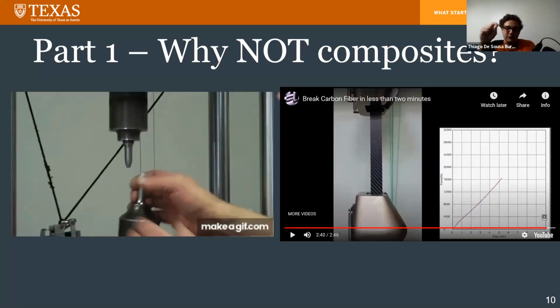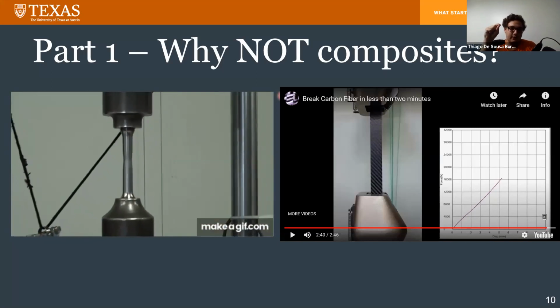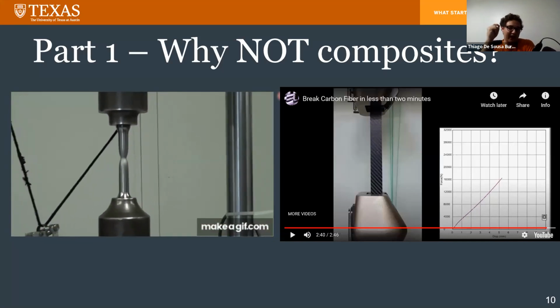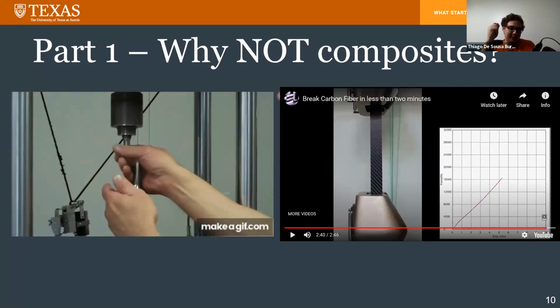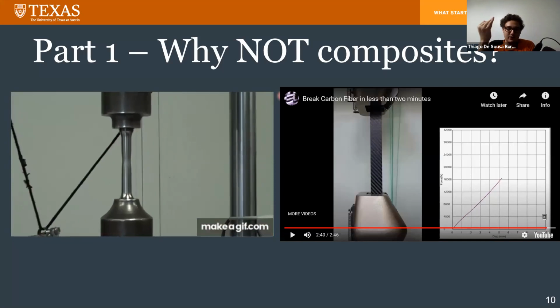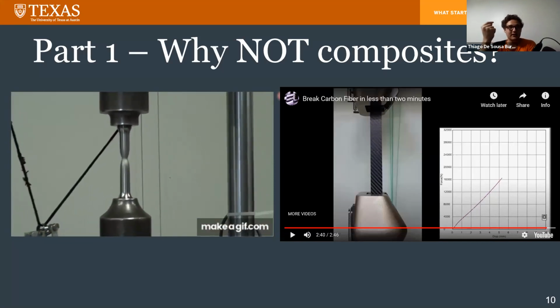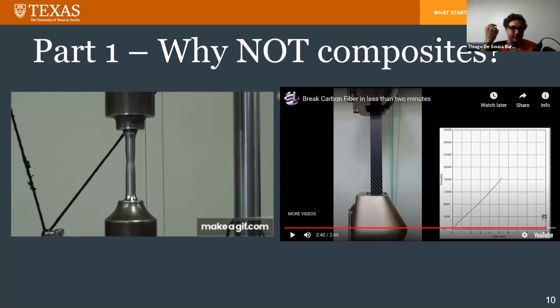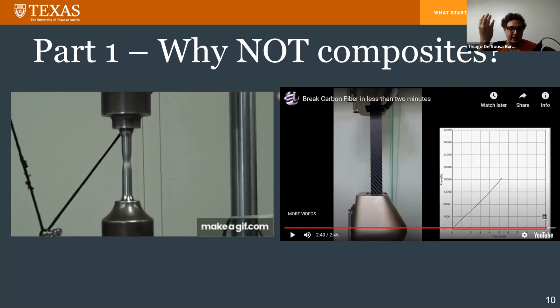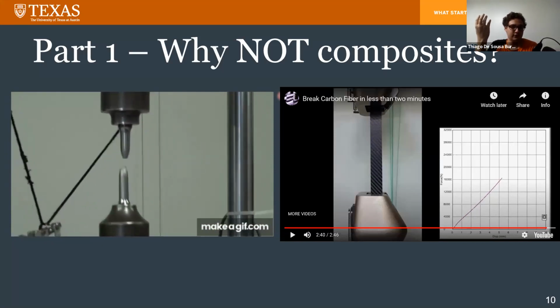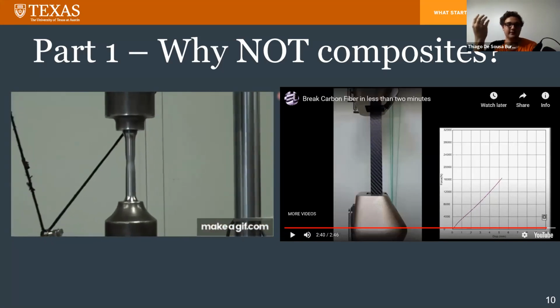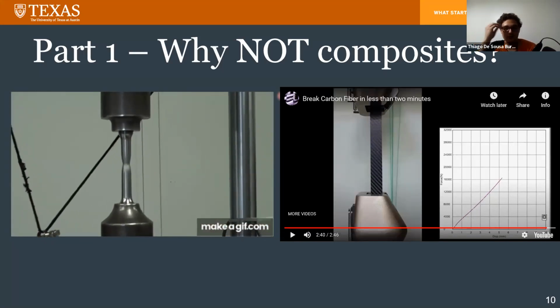Let's say I stop loading at this instant, it won't return, that void has already started creating. I have no way of inspecting it. I have no way of making sure it's safe. So in the case of a crash, if the composite doesn't fully break, you still kind of have to trash it. Obviously, in the case of body panels or bodywork, not a huge deal. In the case of a monocoque, it is a huge deal because that is the structure of the car.